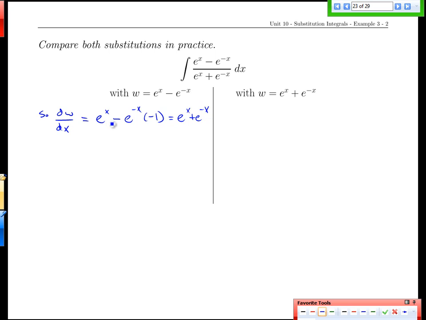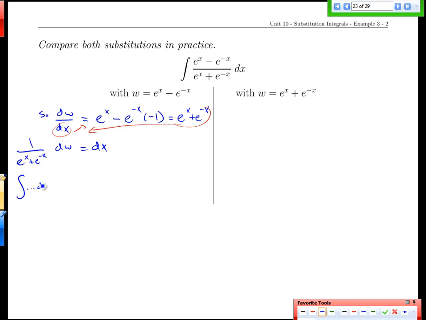What that gives us is a relationship between dw and dx: dw over e to the x plus e to the negative x would equal dx. We bring the dx up, we bring this whole term back down, and we get that ratio. If we were to do that, then we could rewrite our integral.